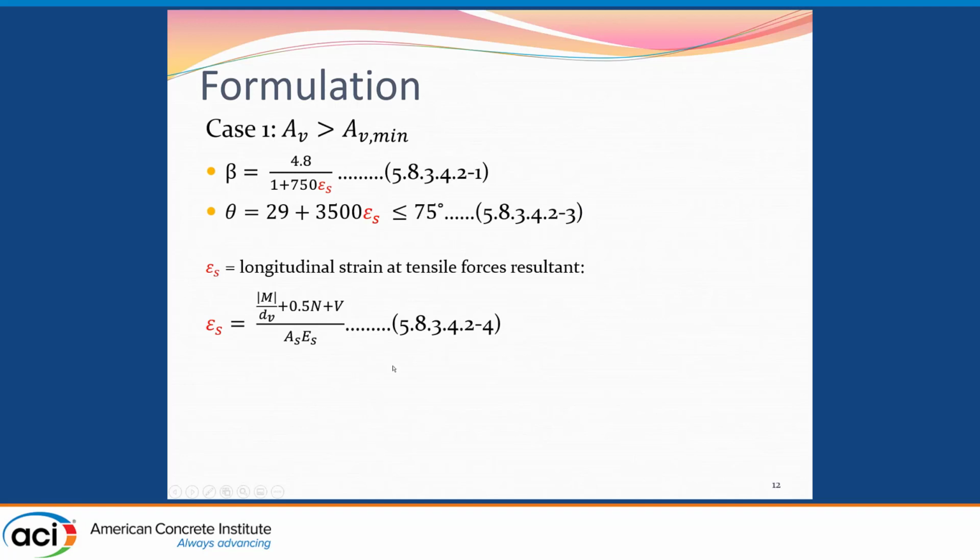And this is what I was talking about when I said that the strain in the simplified modified compression field theory is simply coming from the moment strain plus the axial strain plus the shear strain. So having one equation, we can utilize it to get the shear capacity of the section. And this is our goal. This is what we are trying to achieve.